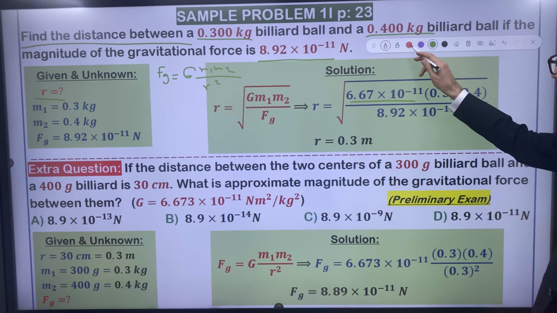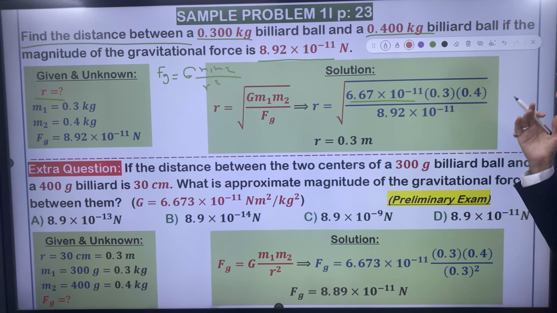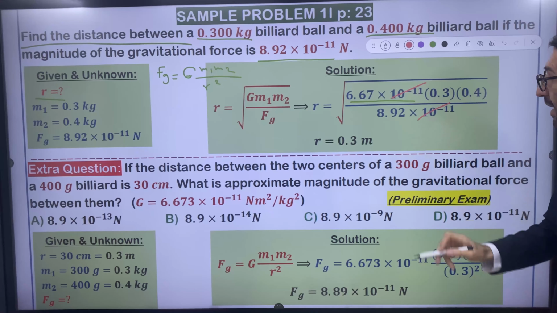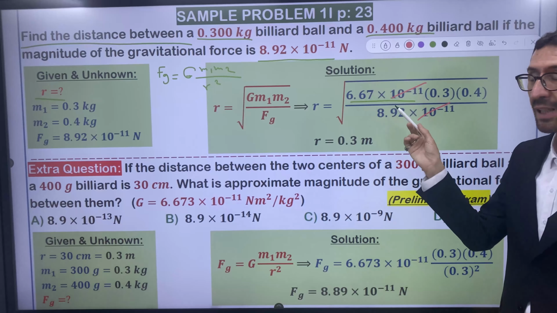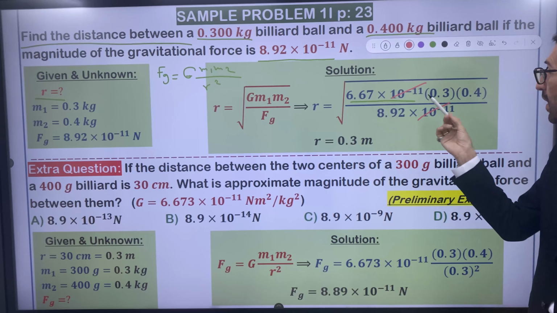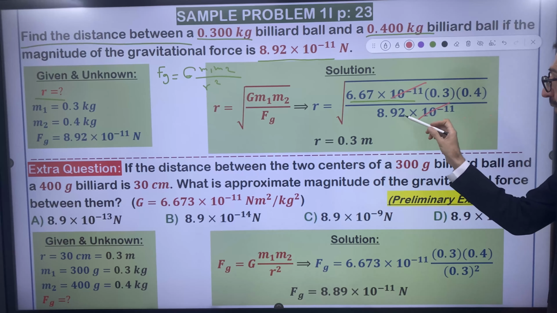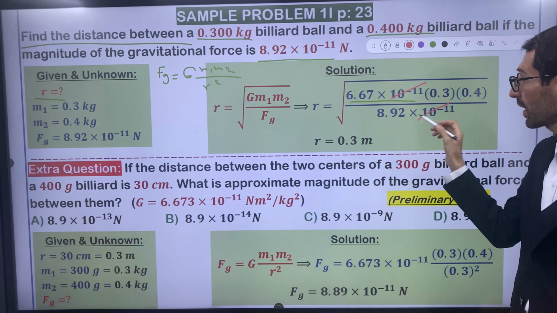You can make it easy before you use the calculator. You can simplify these exponents together, and under the radical, we have 6.67 multiplied by 0.3 times 0.4 divided by 8.92.